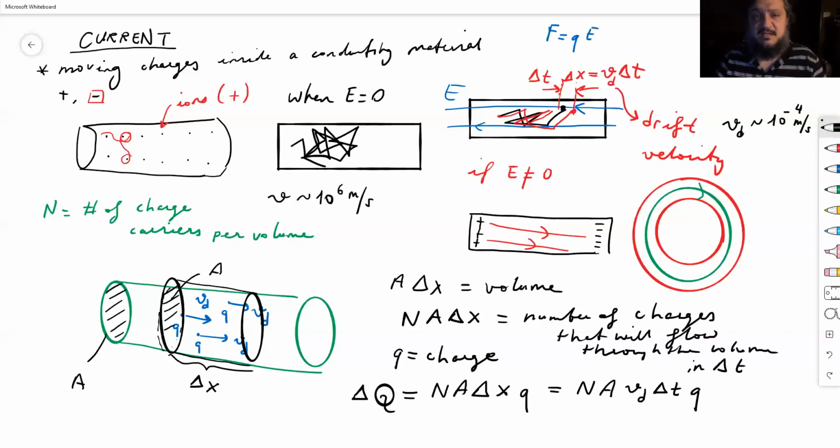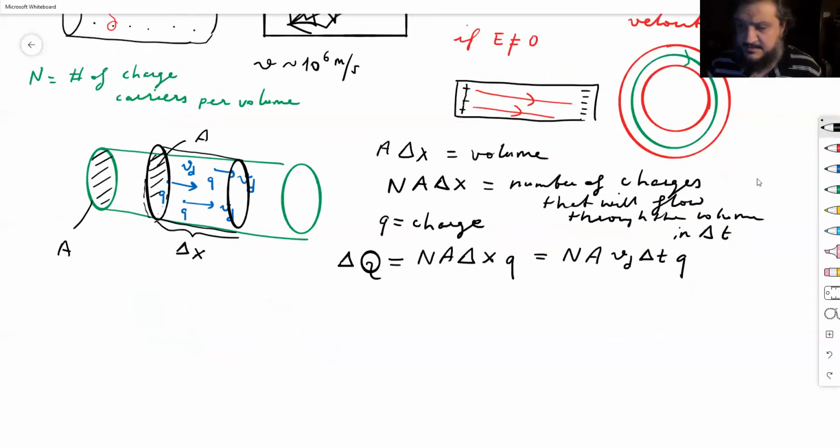So current is nothing but charge flow, okay? Charge flow per time. That's the definition of current. The letter we use to show current is I, which is delta q over delta t.